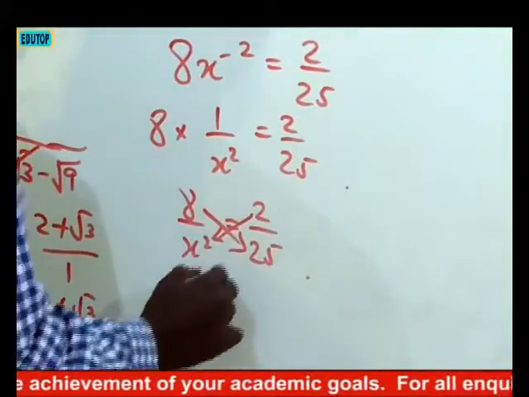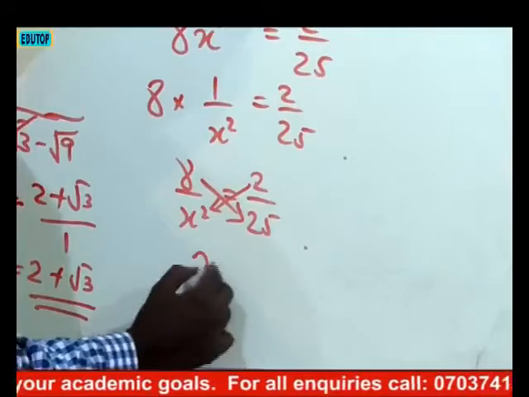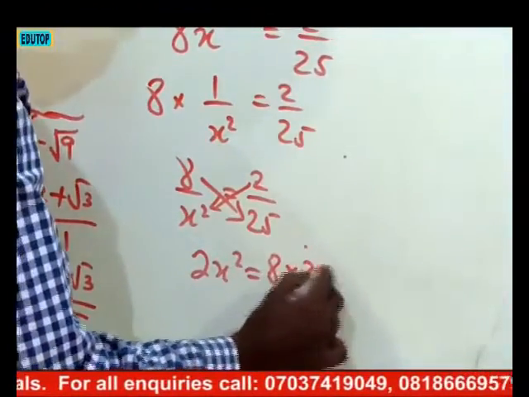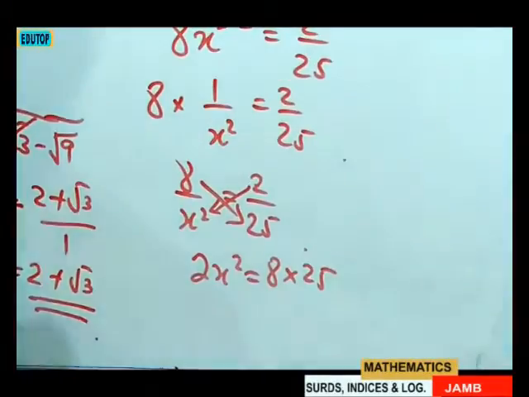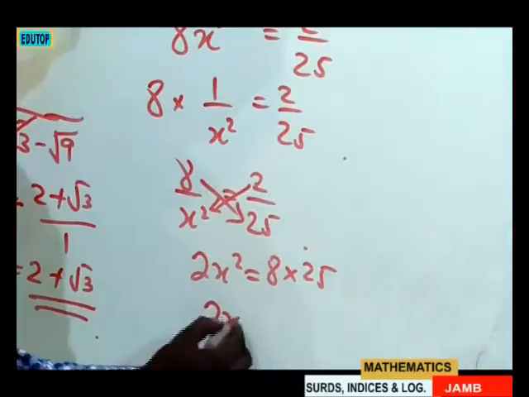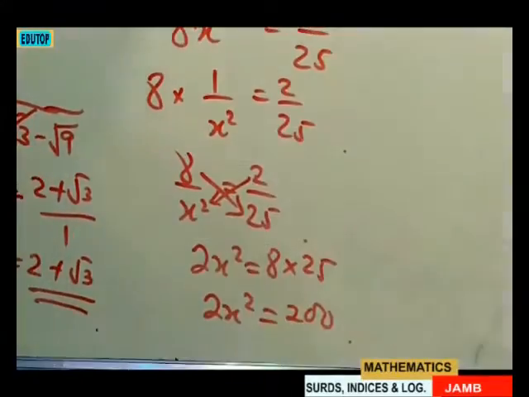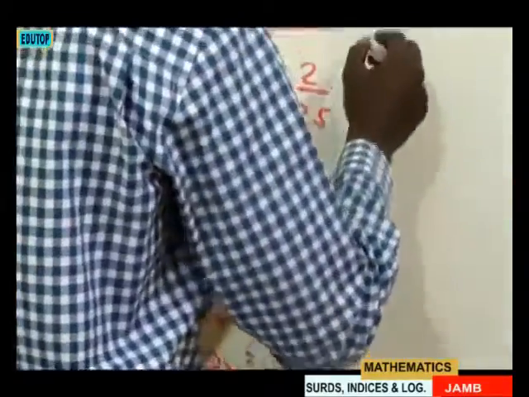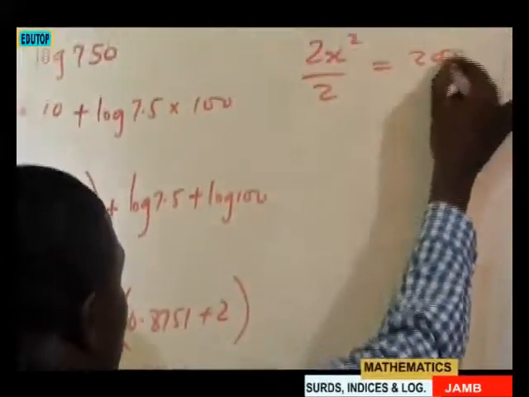By the time I cross multiply, I will have 2 times x squared, that will be 2x squared, equals 8 times 25. And what is 8 times 25? That will definitely be 200. So I have 2x squared equals 200. So I divide both sides by 2. 2x squared divided by 2, 200 divided by 2.